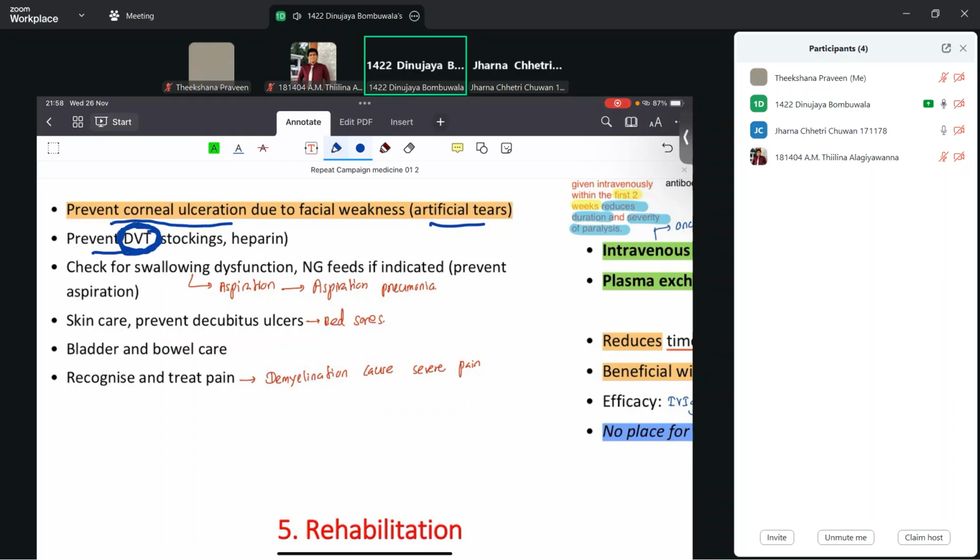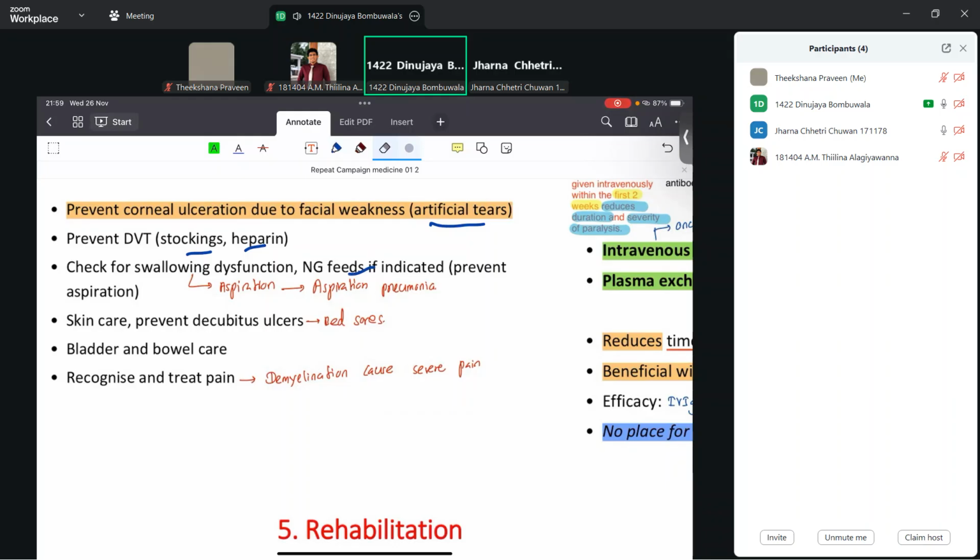So we have to give DVT prophylaxis as well, with stockings as well as heparin if there are no contraindications. For swallowing dysfunction, we can do a swallowing assessment, and if there are difficulties swallowing, we can go for NG feeds as well.